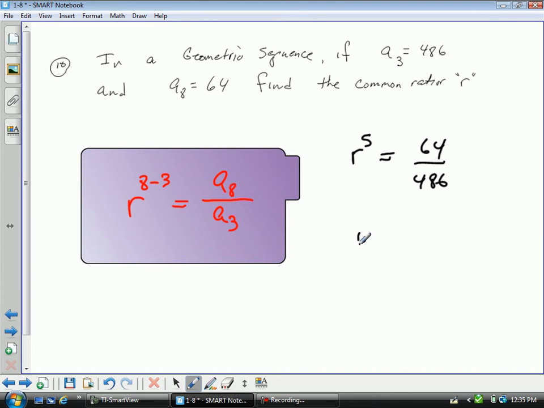And to find r, I have to take the fifth root. Now remember what I said many times, that if you had an even power to start with, when you take the even root, you're going to have to deal with a plus or minus. But if it's an odd power and we take an odd root, it is what it is.